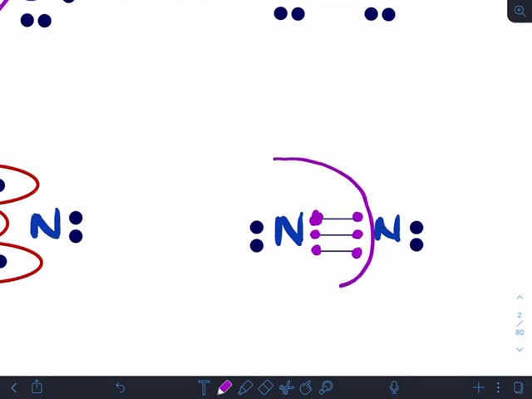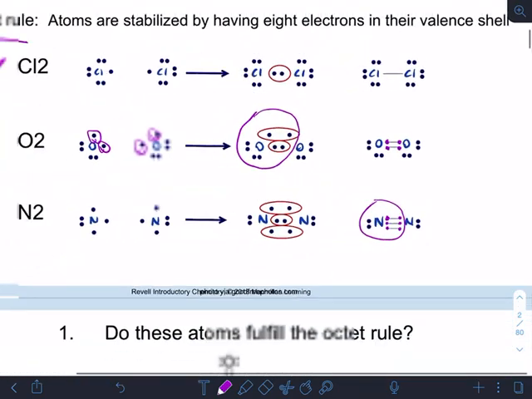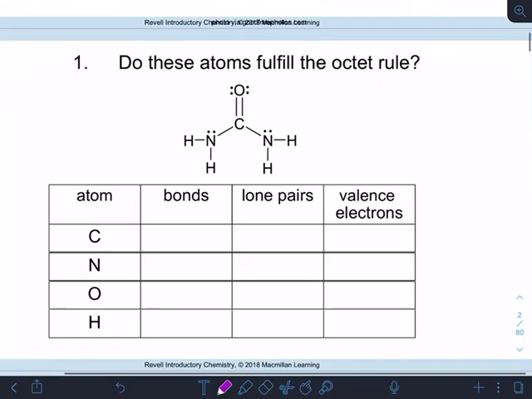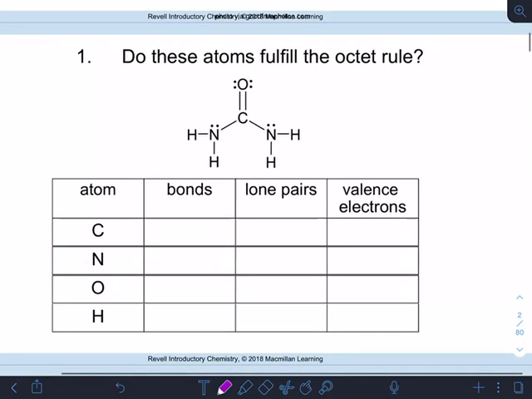And each one of those nitrogens has access now, because it's sharing electrons with the other one, to 8 electrons. There are 8 dots that it has access to. Okay? And that's the goal. Everybody wants to get to that 8 because it's a very stable place to be.